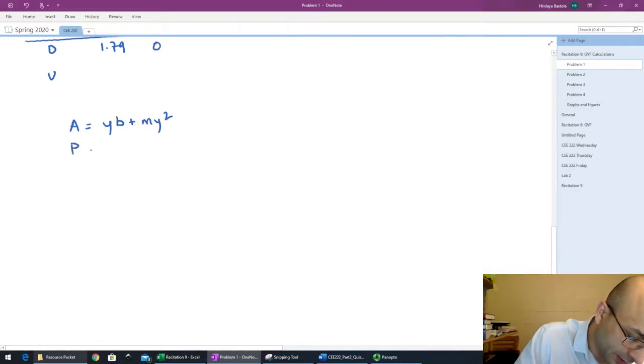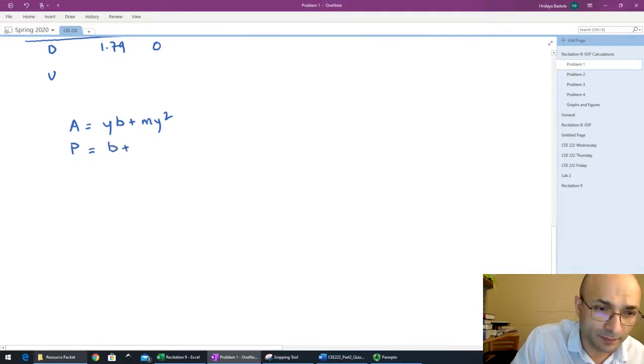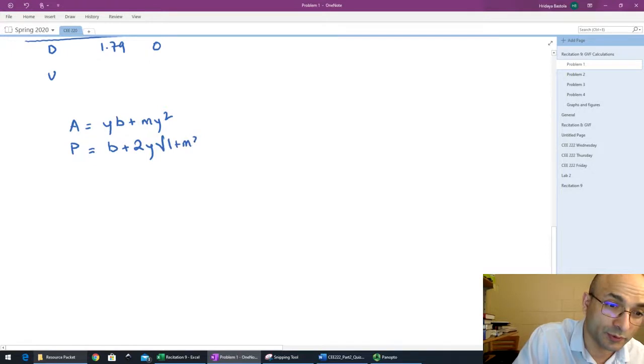We can then calculate similarly the wetted perimeter for the channel, and that's going to be b plus 2y square root of 1 plus m squared.